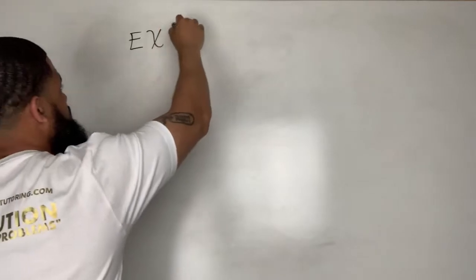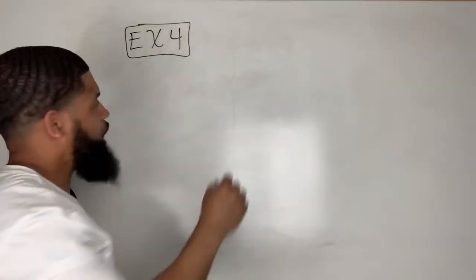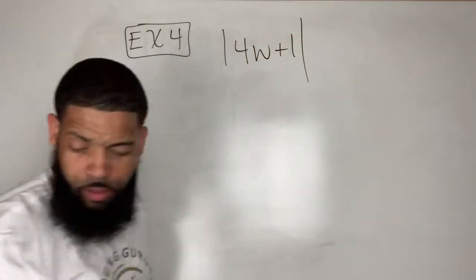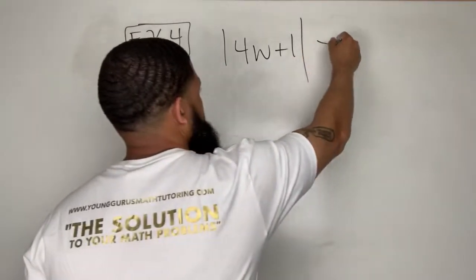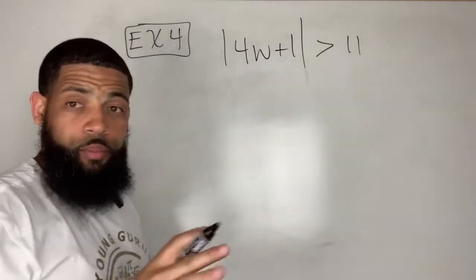So, example 4, and example 4 is the absolute value of 4w plus 1 is greater than 11. All right, now, this one we want to do it from both sides again.